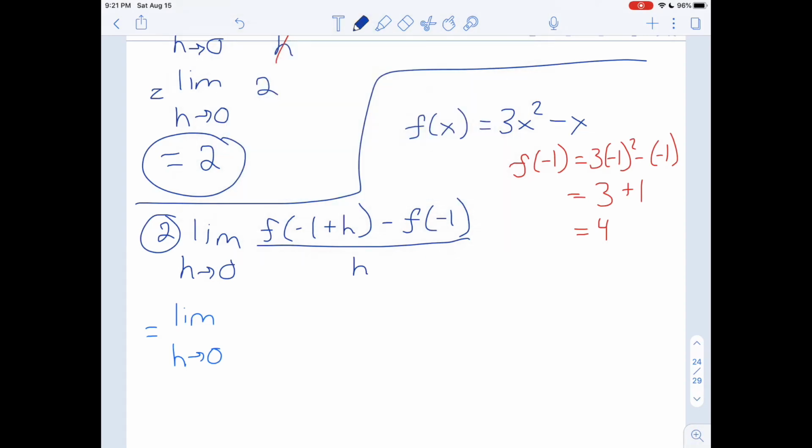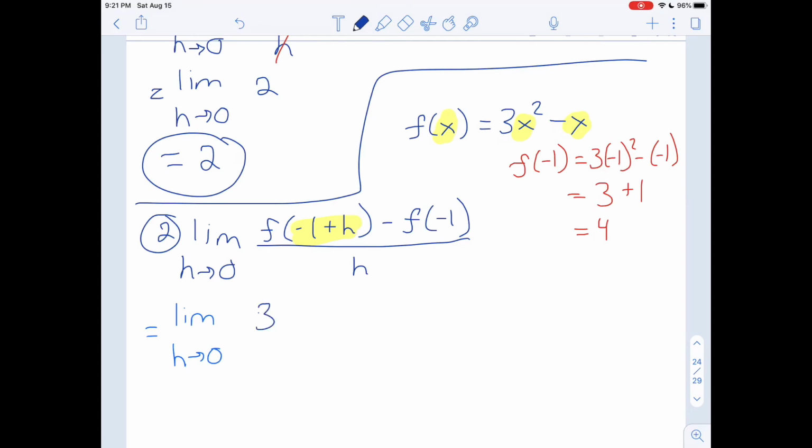So f of negative 1 plus h. I have to watch out, because in my f of x, I have this x in the parentheses, and it matches these x's over here. But down here, I don't have x in the parentheses, I have negative 1 plus h. So that means that everywhere I see an x in the original function, I have to put a negative 1 plus h.